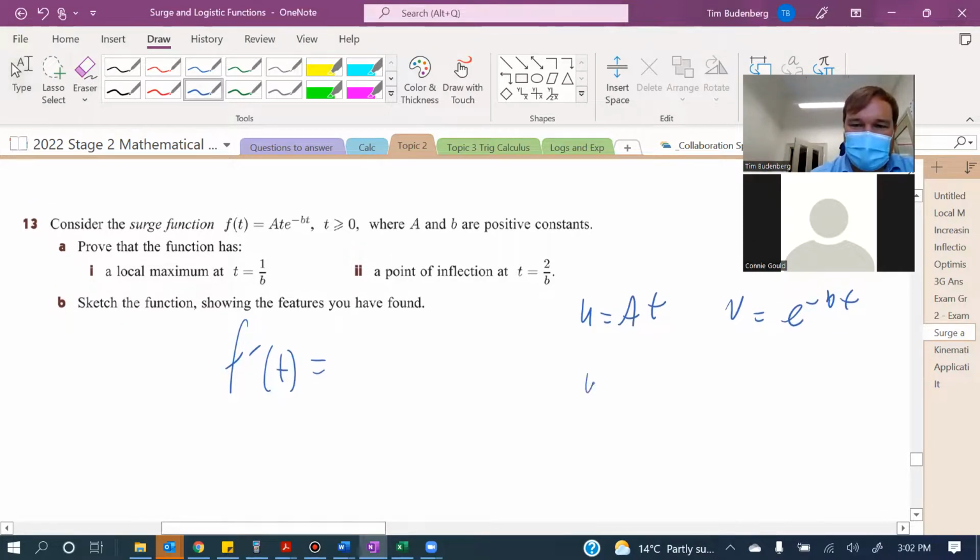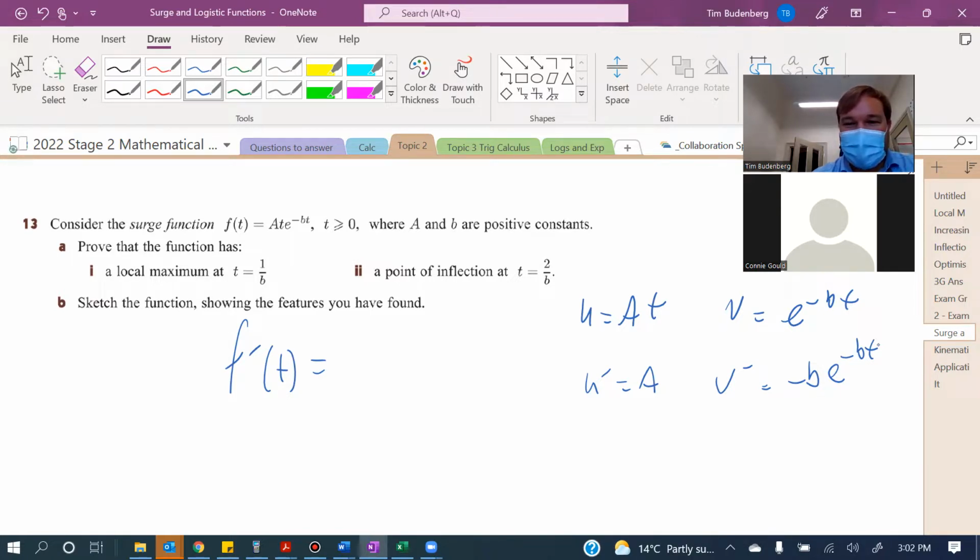Cool, you probably did it right. Then u' was just a, and v' was minus b e to the minus bt. But then you have to do. Oh, that's what I did wrong. I didn't write it out right. My feeling is once you wrote it out, you should have been able to factorize e to the minus bt out, and probably an a out as well.